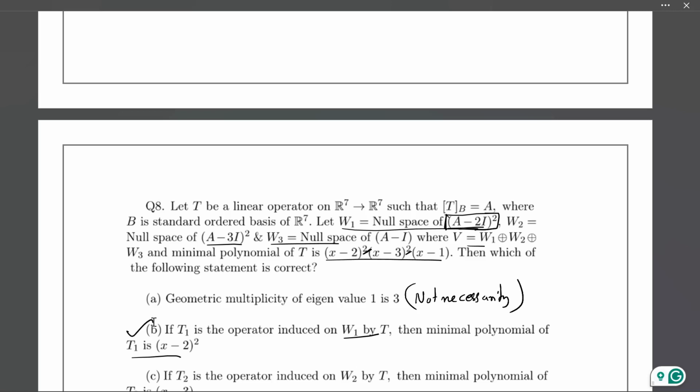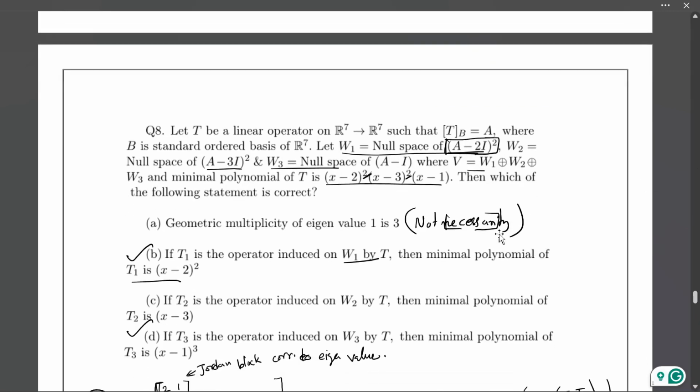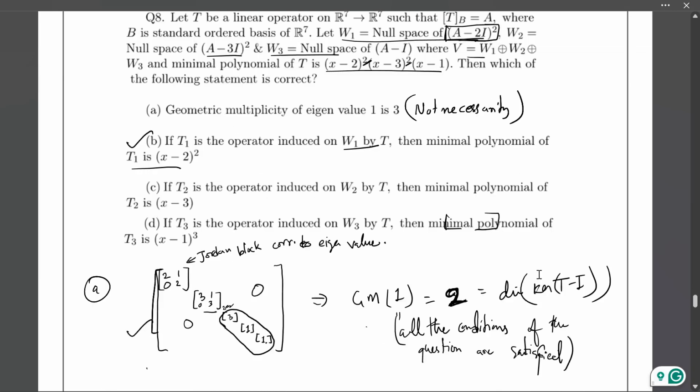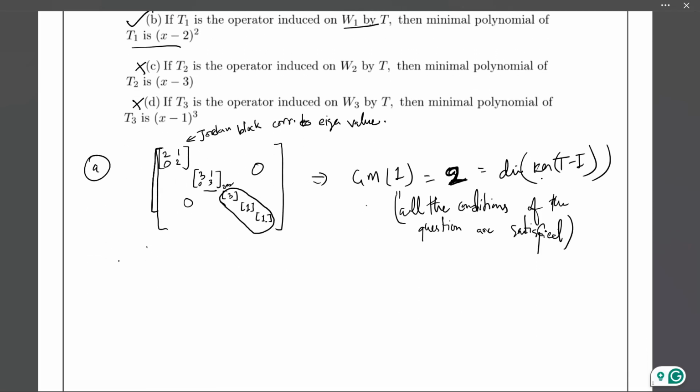From that, the other things are incorrect. I'm writing here. The minimal polynomial for T2 is nothing but (x minus 2) whole square. These minimal polynomials are all coming from the PDT, the primary decomposition theorem.